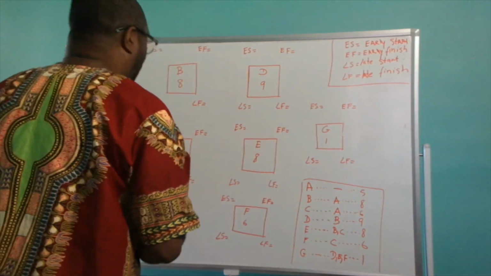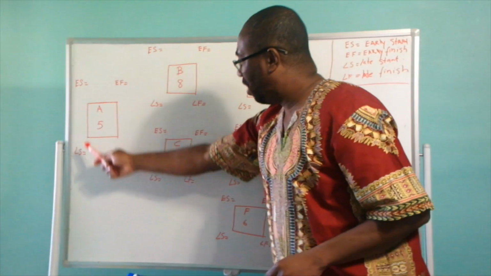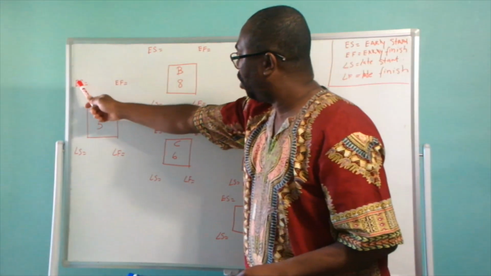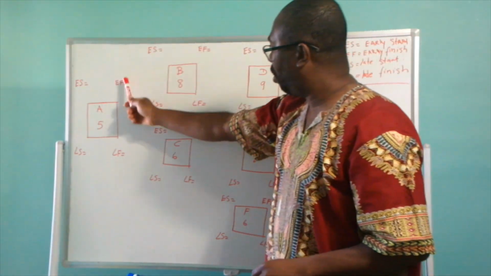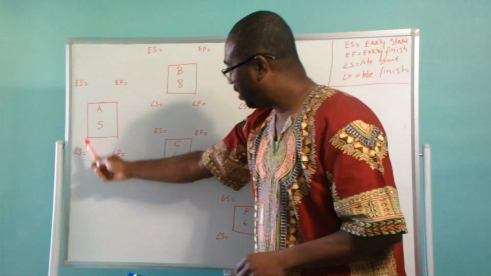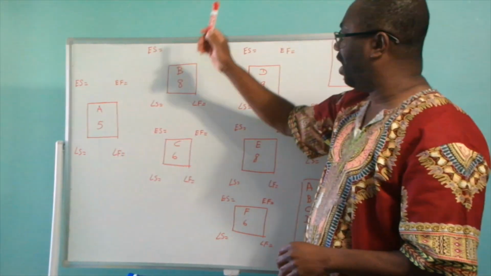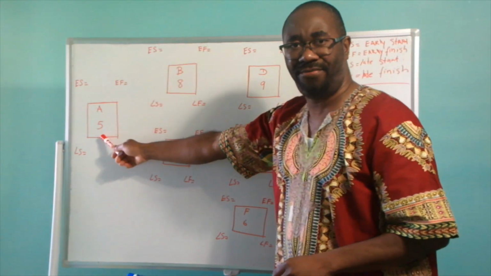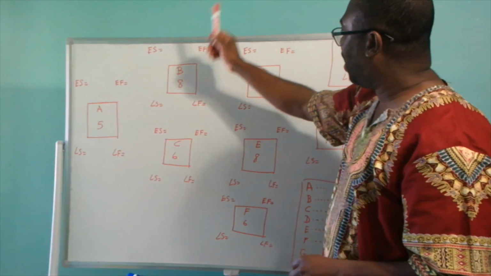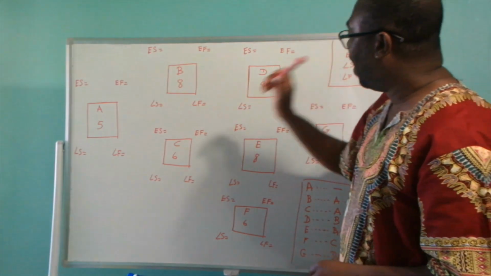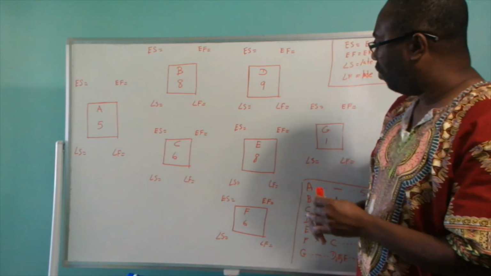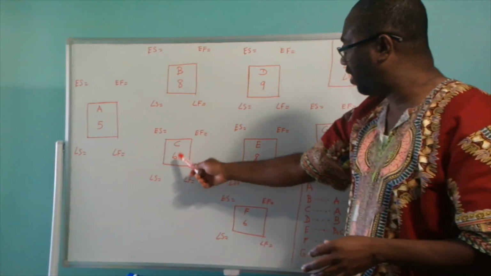So this is the diagram here, and as you can see, we have our early start, our early finish, our late start, and our late finish, and we have activity A, which has a duration of 5 days. We have our activity B, which has a duration of 8 days. Our activity C, which has a duration of 6 days.